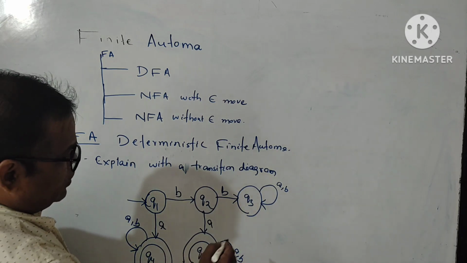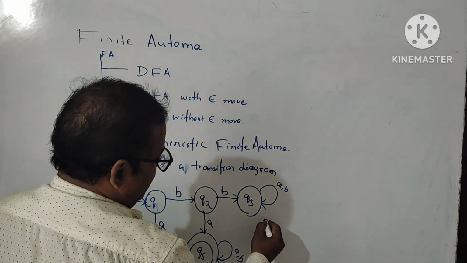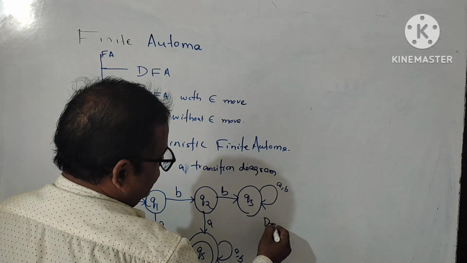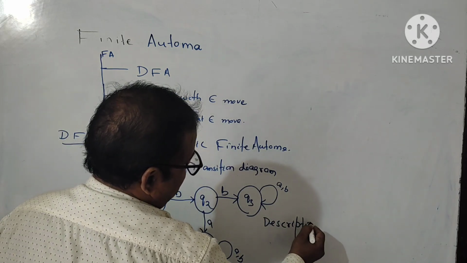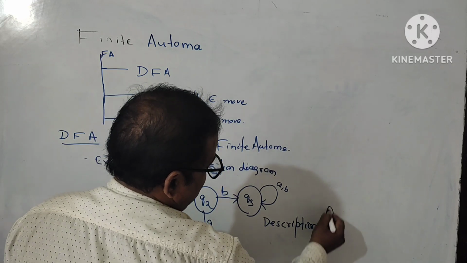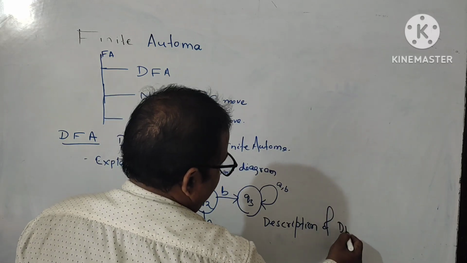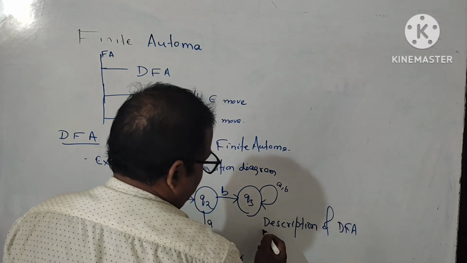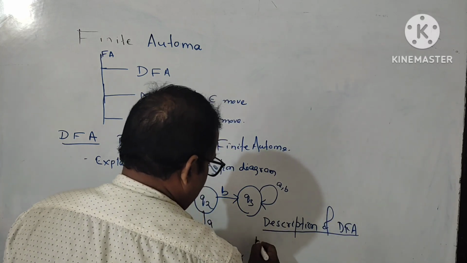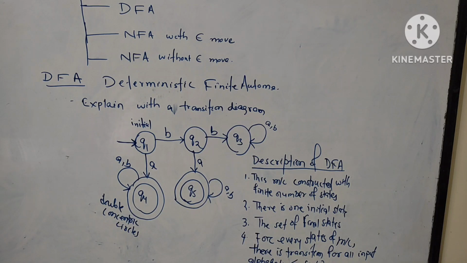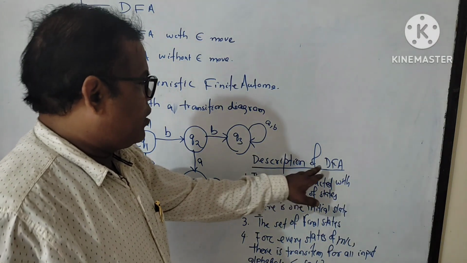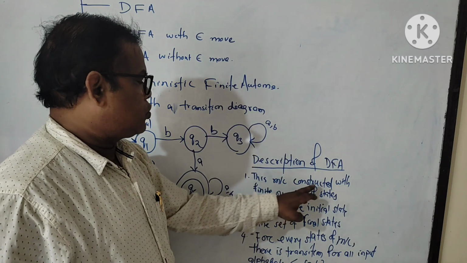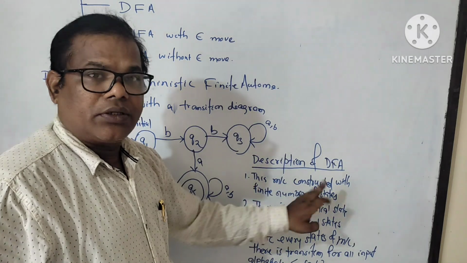What is the definition of this? If you say formal description of the DFA, we will give the description of the DFA. Number 1, what we have seen here: this machine is constructed with a finite number of states.